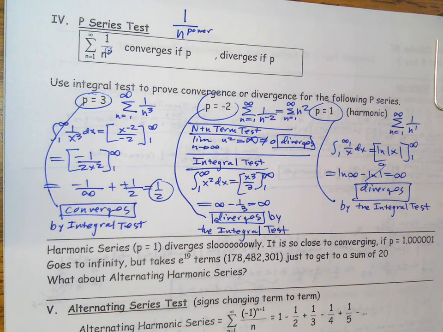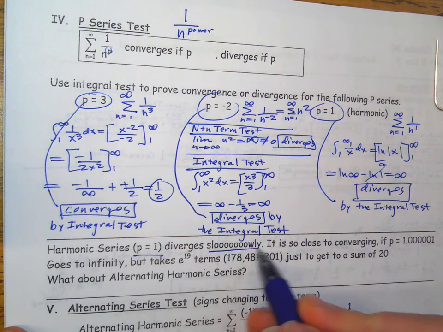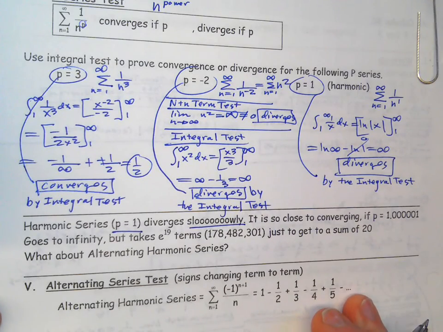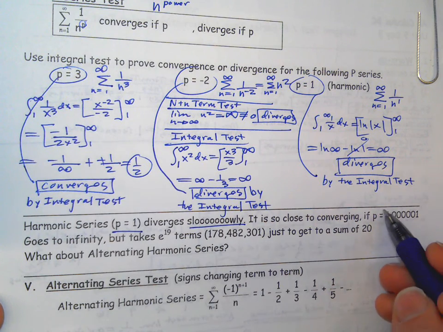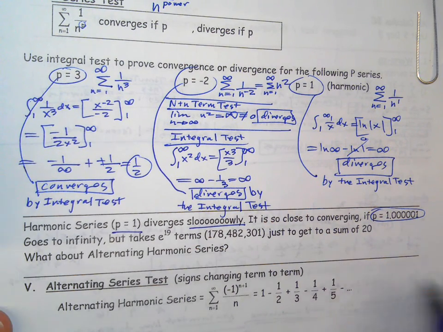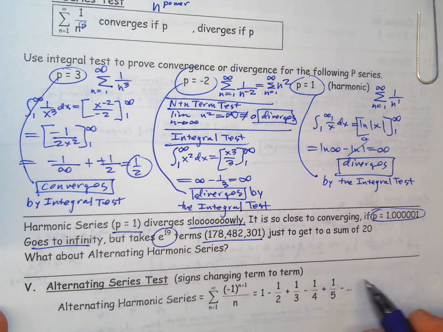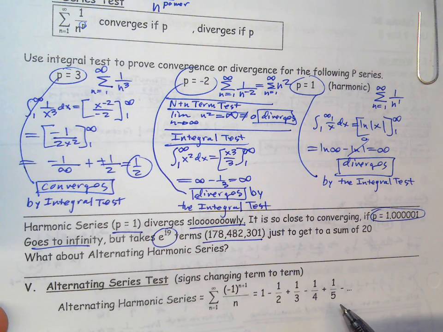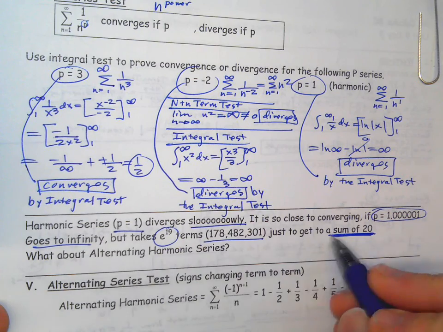Now, I'm just going to go ahead and cut to the chase. The harmonic series, p equals 1, diverges very slowly. It doesn't blow up right away. It's so close to converging that if we just nudge the p-value up a little bit, it would converge. So it goes to infinity, but it takes e to the 19th terms, about 178 million, just to get to a partial sum of 20.